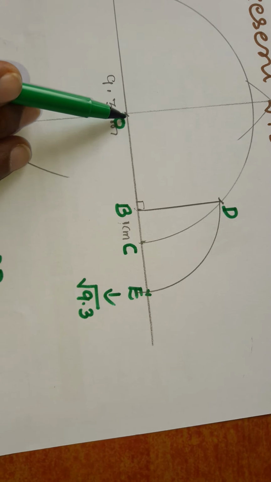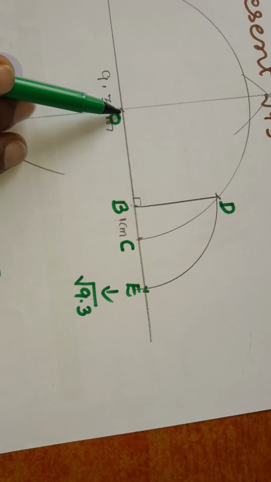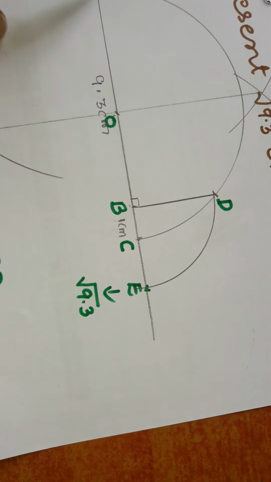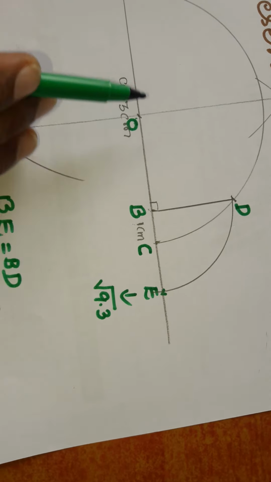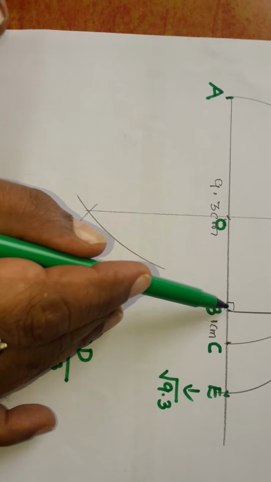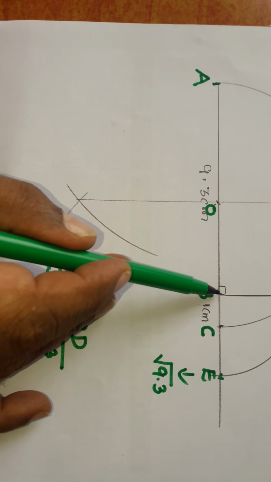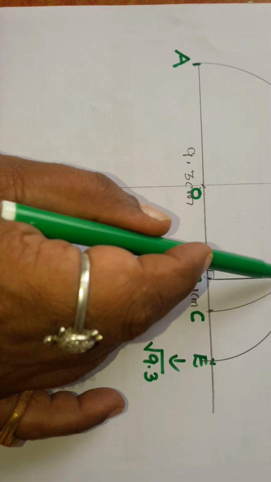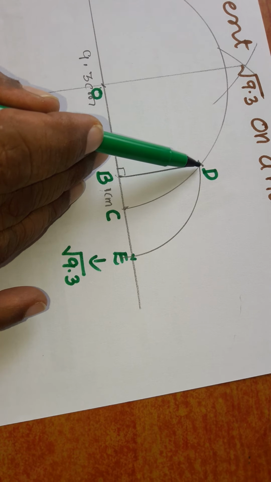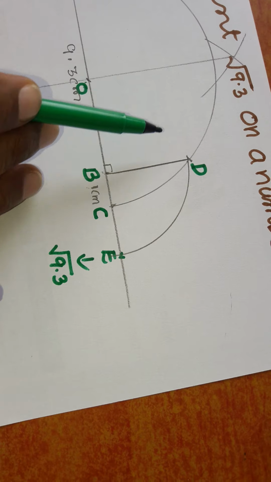So to get the midpoint, call this midpoint as O, with OC as the radius, draw a semicircle such that the semicircle touches the points A and C. Take the set square, keep the right-angle corner of the set square at B, draw a perpendicular such that the perpendicular intersects the semicircle at the point, call this point as D.